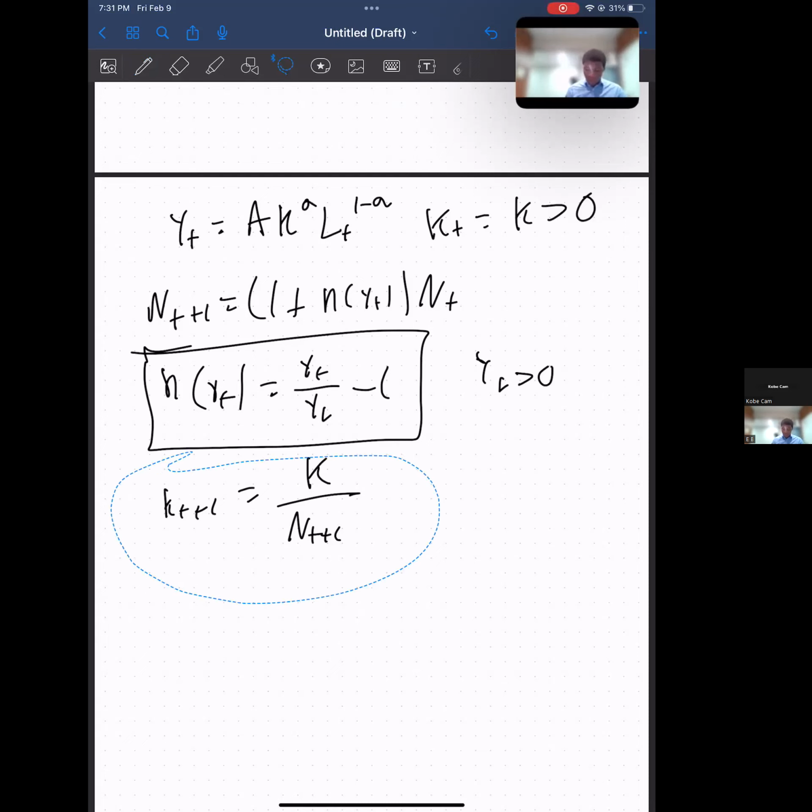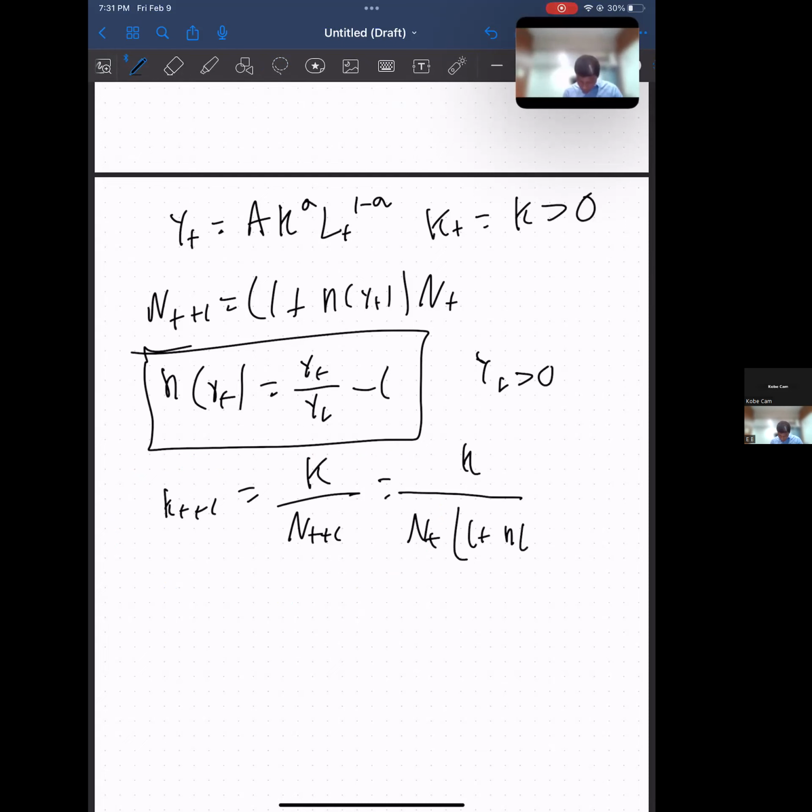is equal to K divided by n_{t+1}. Well, we already have the equation for n_{t+1}. It's just 1 plus (y_t divided by y_L minus 1). My apologies. So what do we do now?